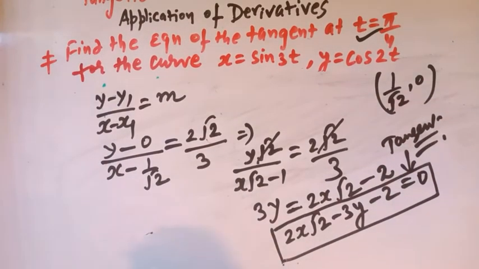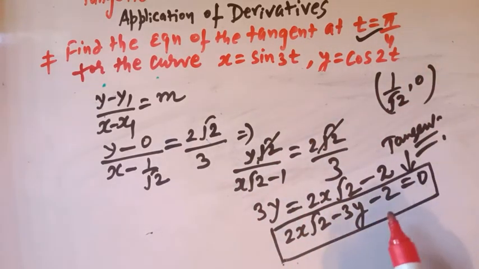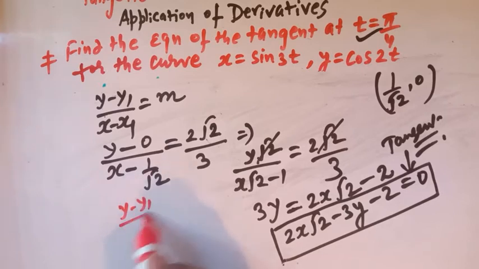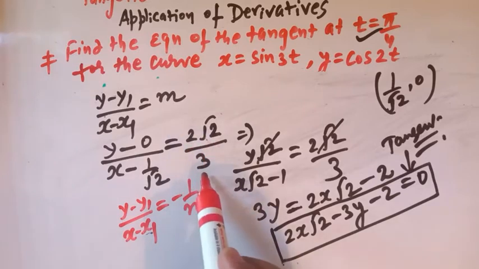Now if we want to find the equation of the normal, then what we will do, we'll apply this formula: y minus y1 over x minus x1 is equal to minus 1 over m. And what is m? m is 2 root 2 by 3.